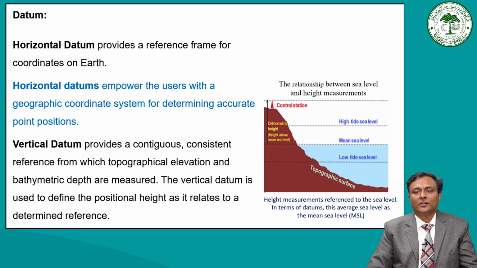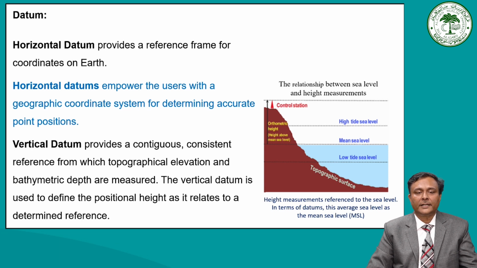The classification of geodetic datums offers a degree of user control which suits the application or location best. This form of user control is location specific, datum dependent on individual characteristics rather than using a more general datum. So there can be two types of datum. One is horizontal datum, which provides a reference frame for coordinates on Earth.